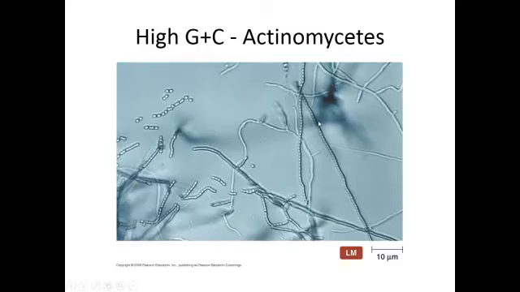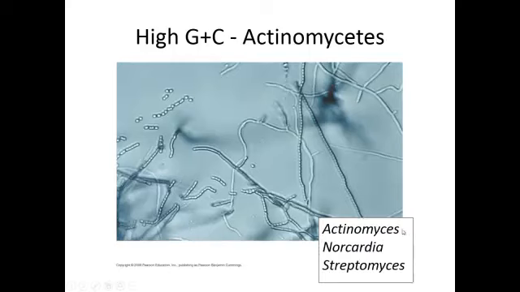As soil bacteria, they are involved in the turnover of carbon within the soil. They break down dead material, and they also produce antibiotics. So here are three genera of the actinomycetes. There's the one that we named the group after, Actinomyces.